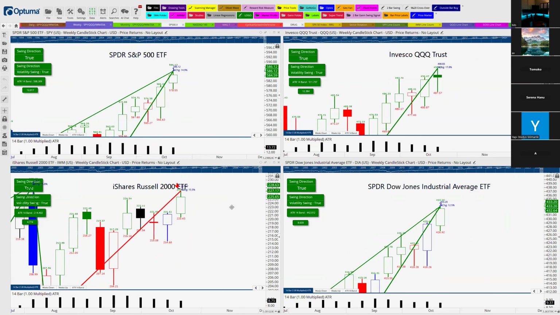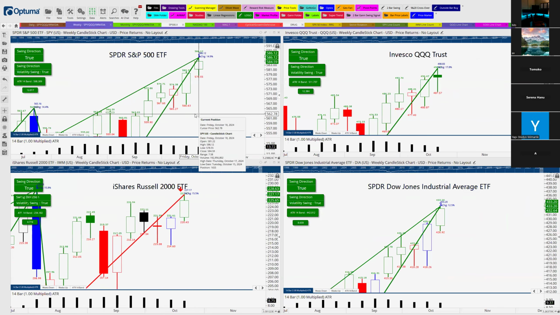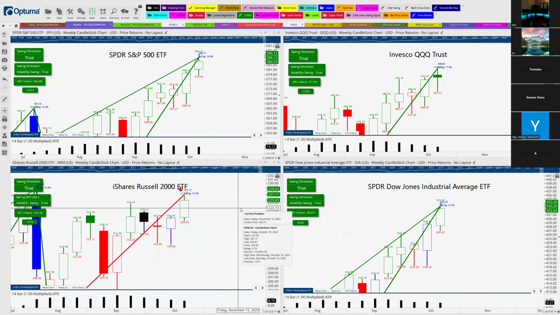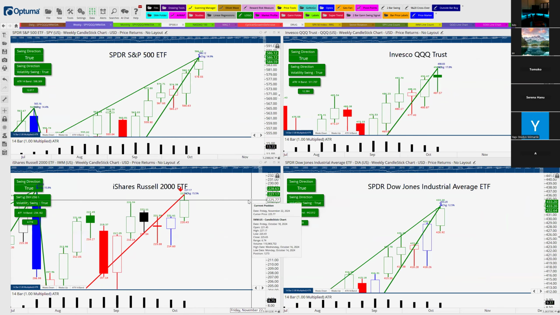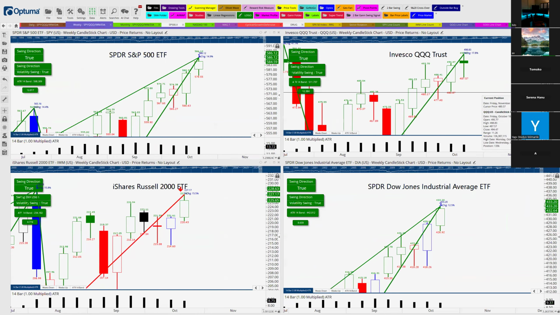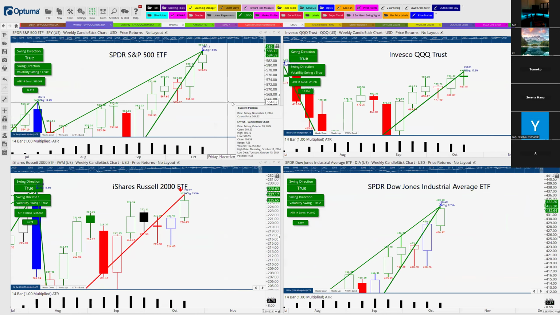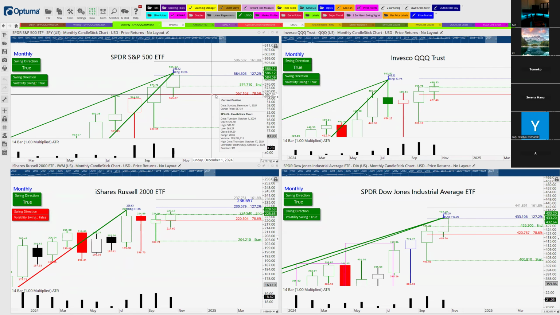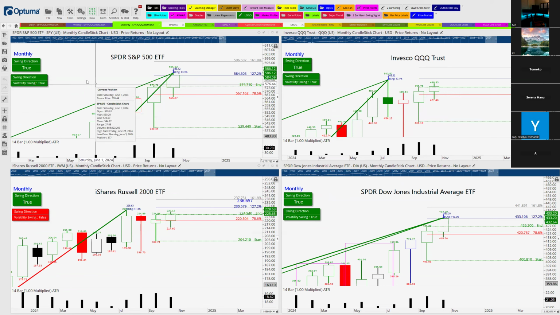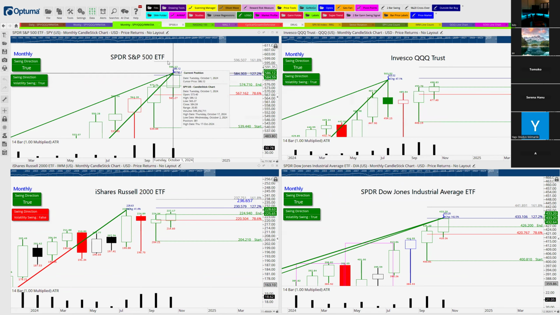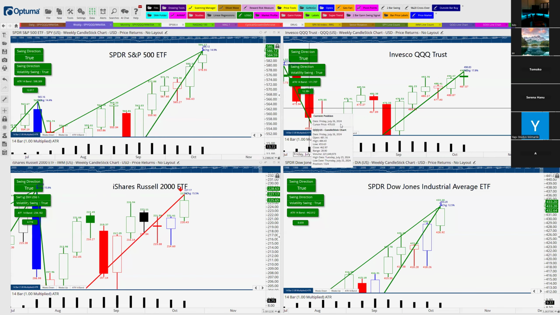Weekly time frame, all swings are up. Monthly time frame, all up. So where do you see bearishness in this market?